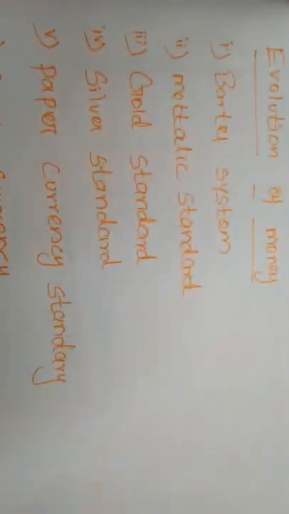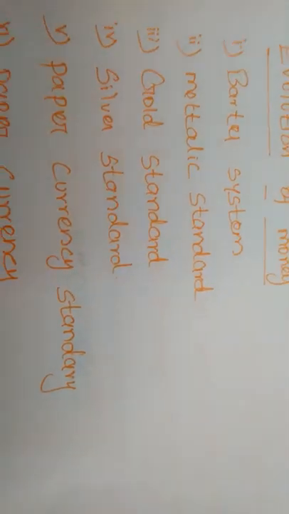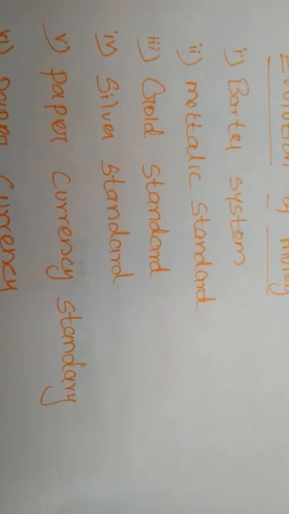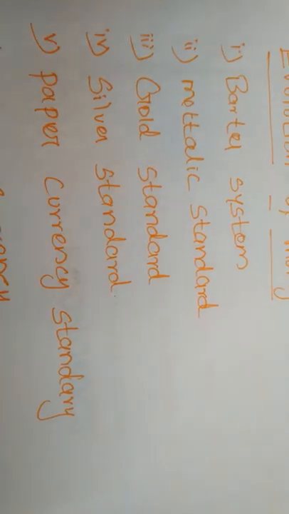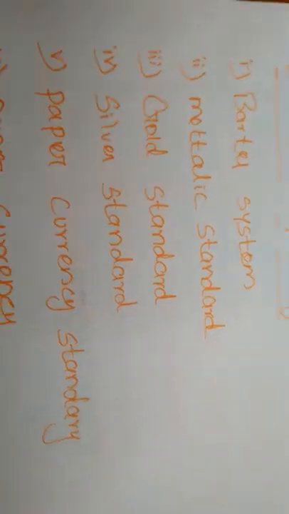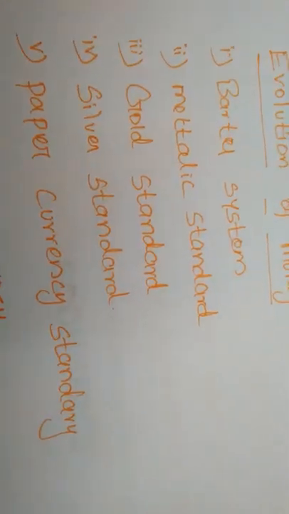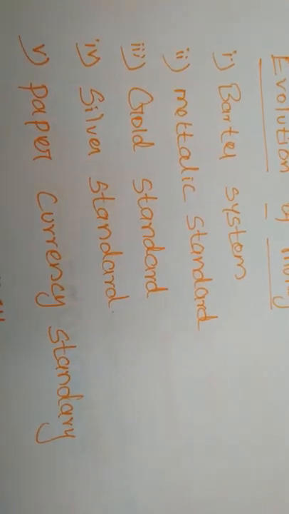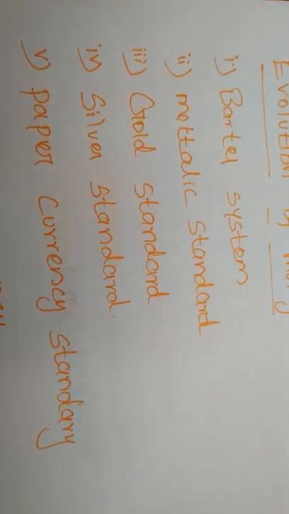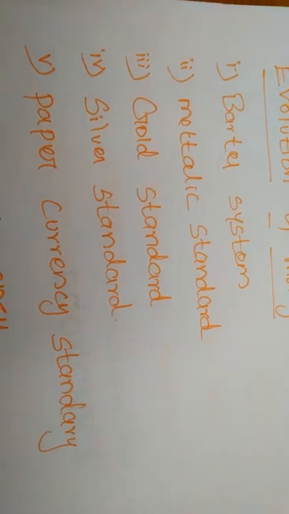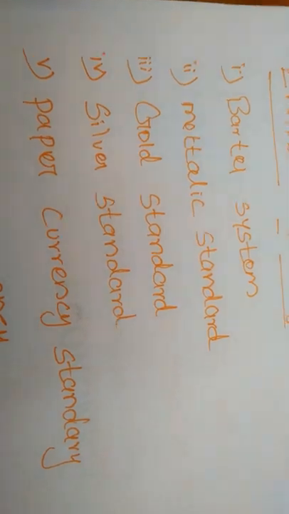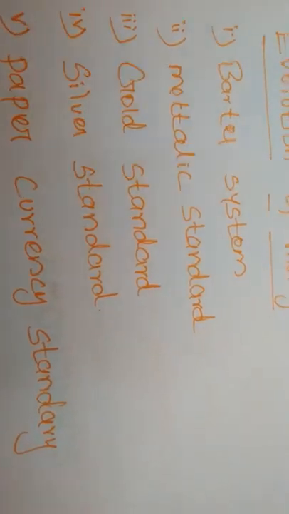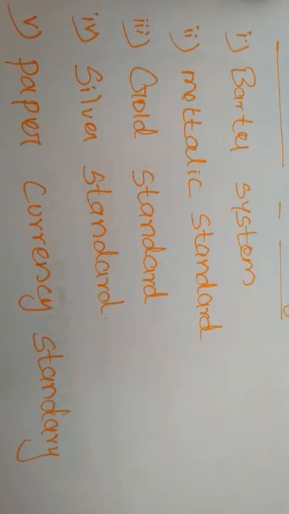Normally, whichever commodity was very highly demanded was used as a common measure of value. Basic commodities like rice, salt and skins were used as important, highly demanded commodities. Only the highly demanded commodity was used as a common measure of value.